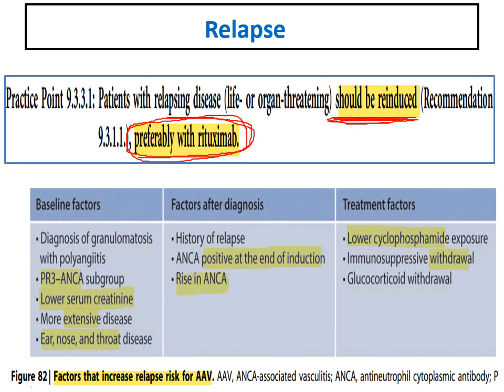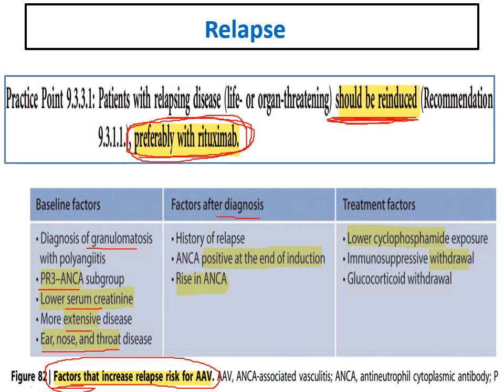This table summarizes the factors that increase the risk for relapse, also an important table. Who is at risk for relapse: patients diagnosed with granulomatosis with polyangiitis, PR3 positive patients, lower serum creatinine, more extensive disease, and if the patient had ear, nose, and throat disease at baseline.